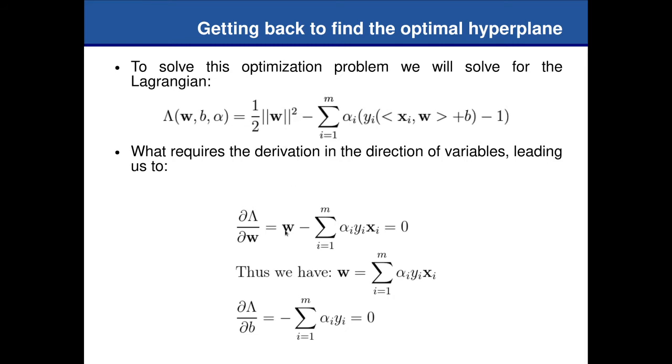That's why we've got this W over here. This was just by convenience to make it easier to solve the differentiation. And now from this side, we've got W minus, of course there is an inner product here, so we still have Xi, and that's going to be multiplied by Yi and by alpha i.